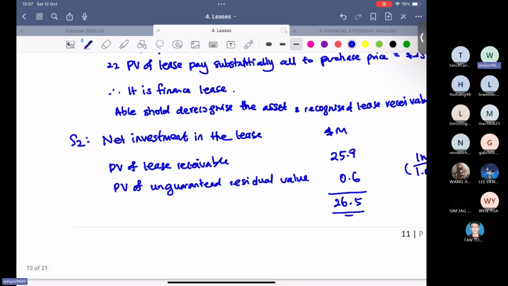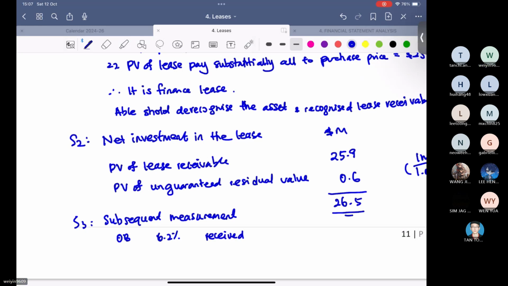For your subsequent measurement, it will be the same as what you just did: year, then opening balance, interest 6.2%. Now it's not payment, now it's a receipt, then closing balance. So 26.5 times the percentage, then 24.1.